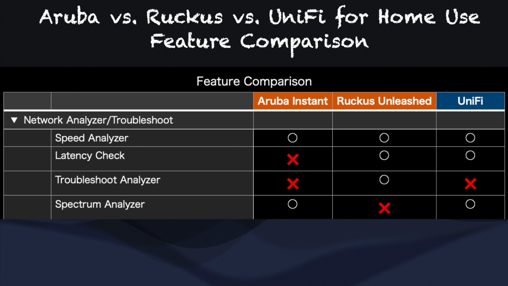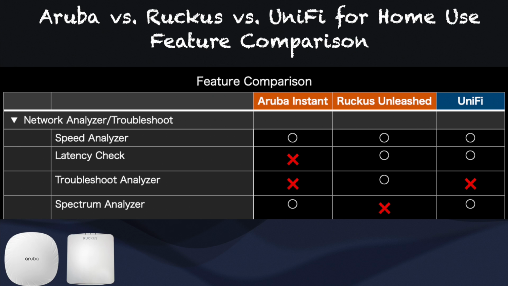Whereas in UniFi, the RF scan requires manual initiation, and it actually stops the access point from serving Wi-Fi during the scanning time. So under the hood, Aruba Instant and Ruckus Unleashed are actually doing a better job and just hiding it from the user. However, since UniFi users require manual radio resource management, these visual tools are a necessity.